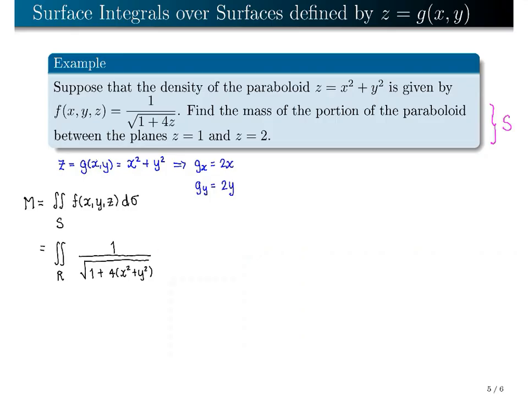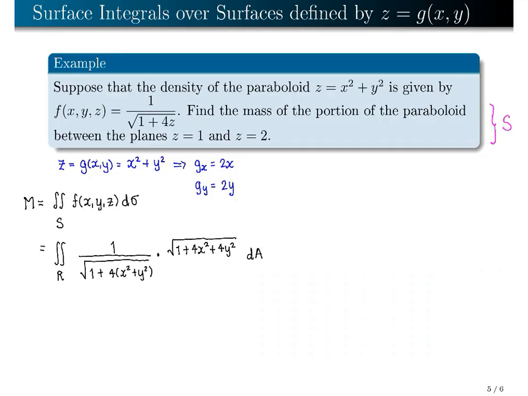Continuing here, we have times the square root of 1 plus the square of g_x, which is 4x squared, plus the square of g_y, which is 4y squared, dA.